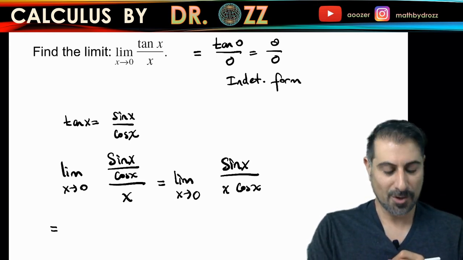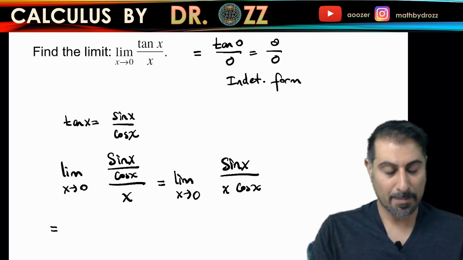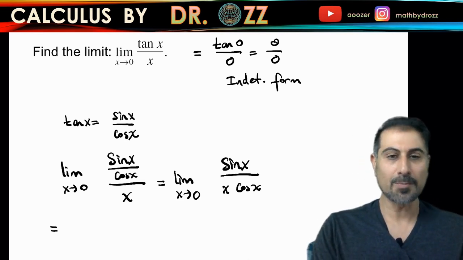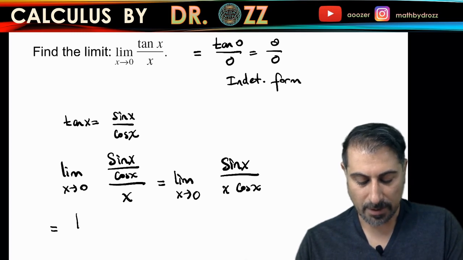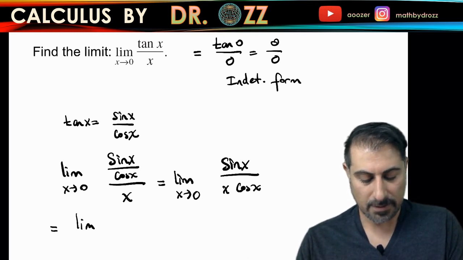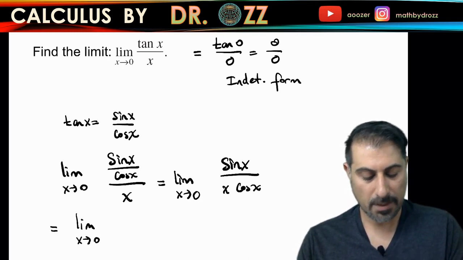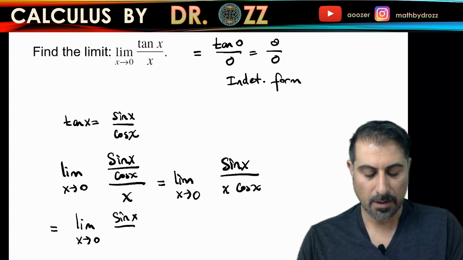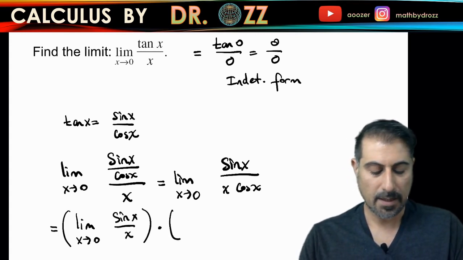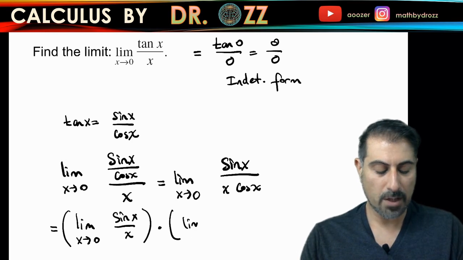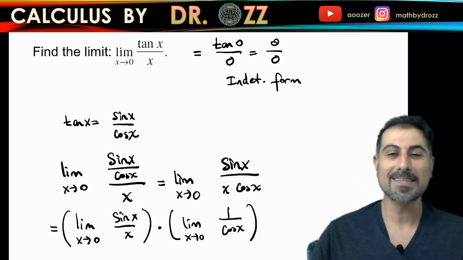So how do you separate sine x over x from that cosine x over there? I'm going to use the property that I mentioned earlier: the limit of the product is the product of the limits. So I'm going to divide this limit into the product of the limit of sine x over x and the limit of 1 over cosine x.